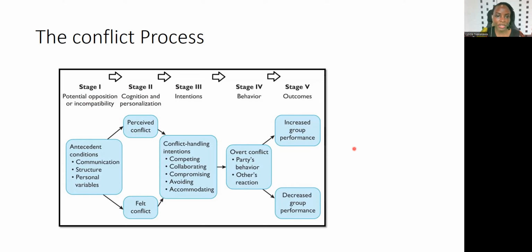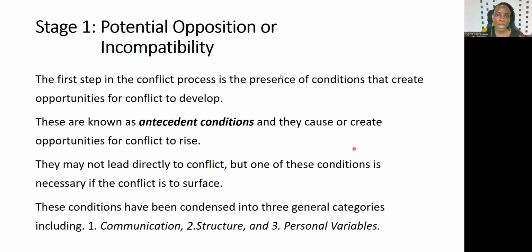You'll find it much easier if you take a deep breath and stop yourself from panicking, and asking yourself, how do I present this? How do I cram this to present it in the exam? Okay, so let us look at each of these a bit more closely. Stage 1 looks at potential for conflicts.